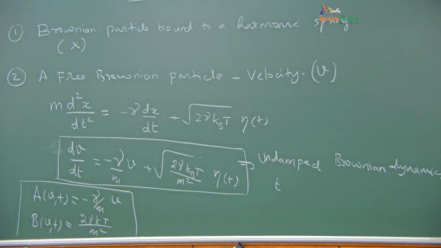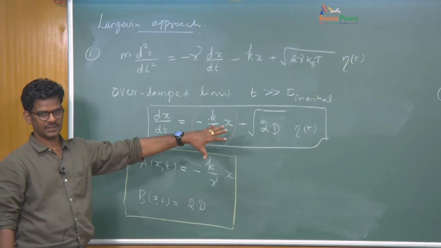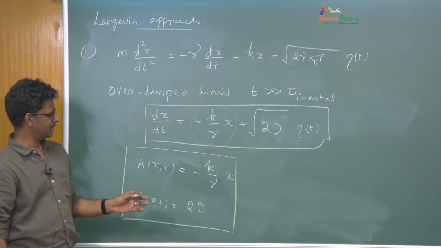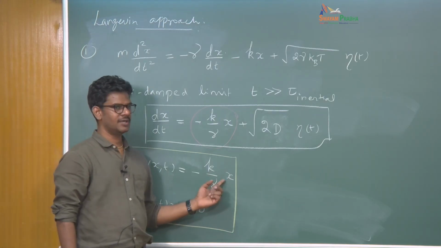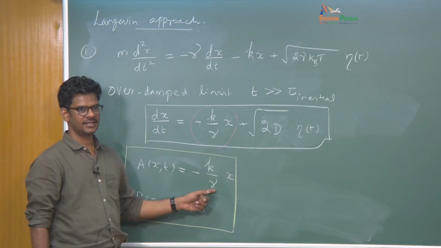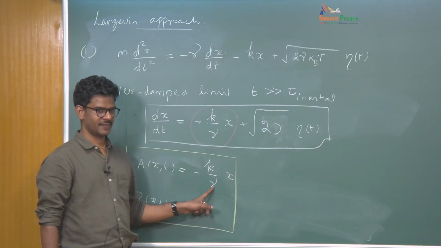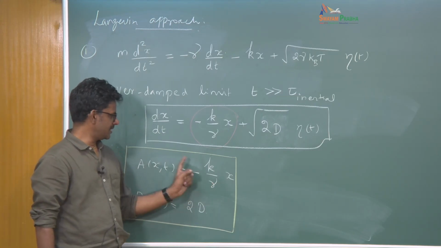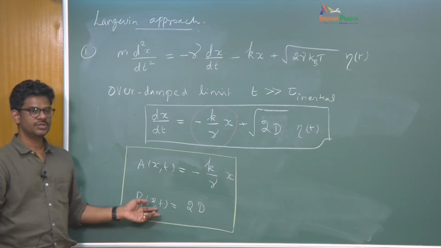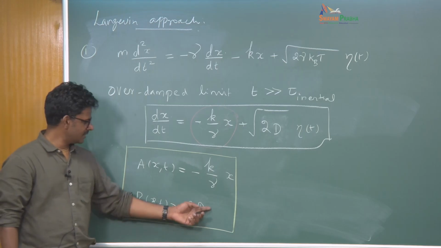So what we are seeing is that we have two problems, and when you look at both problems from the Langevin equations, and then from the point of view of the characteristic functions for Fokker-Planck, you see this a is proportional to, or linearly dependent on, the random variable x here with some constant k by eta. Remember, k is positive, spring constant is positive, friction coefficient is also positive. Okay, so this minus sign is there, and this function b here, which characterizes the rate of change of mean square values, is constant.